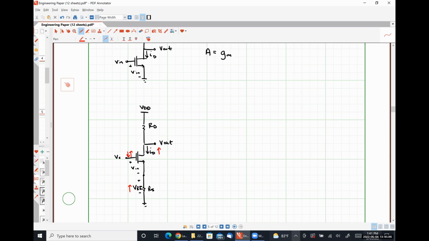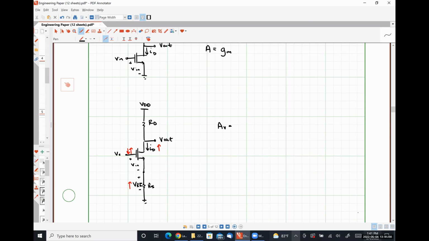Now, mathematically, the voltage gain that we've dealt with for this particular circuit should be, why am I calling that RE when it should be RS? Maybe that's why you guys were confused. Sorry, my brain is not working as efficiently as I would like it to today. But our voltage gain for this circuit was negative gm RD over 1 plus gm RS.